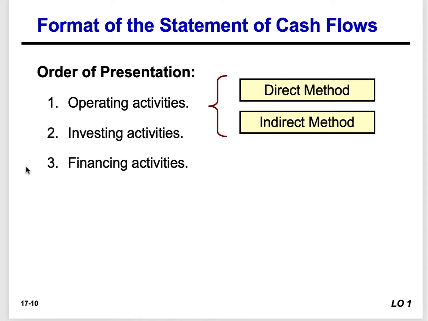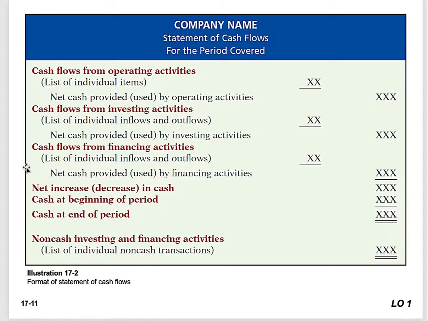But you need to know that there are two ways to report cash flow from operating activities. Both methods give you the same net cash flow from operating activities, meaning the same value. Okay. GAAP just said, hey, you can do it one of two ways. Whichever way you prefer, you go ahead and do. And in our class now, we're just going to focus on the indirect method.